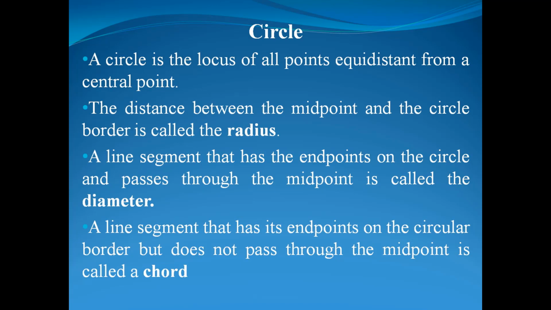The distance between the midpoint and the circle border is called the radius. A line segment that has endpoints on the circle and passes through the midpoint is called the diameter. A line segment that has its endpoints on the circular border but does not pass through the midpoint is called a chord. So these are the basic definitions involved with the circle.